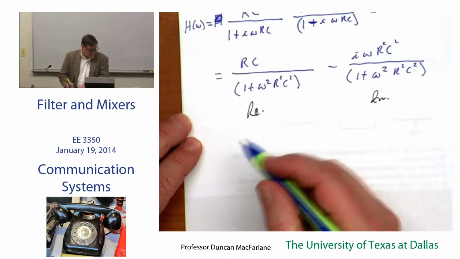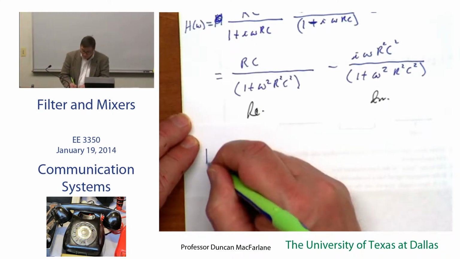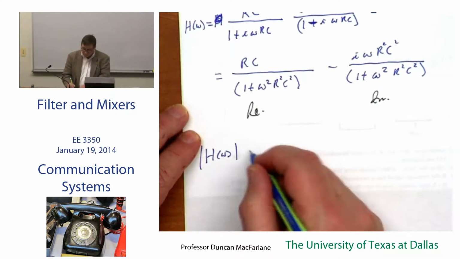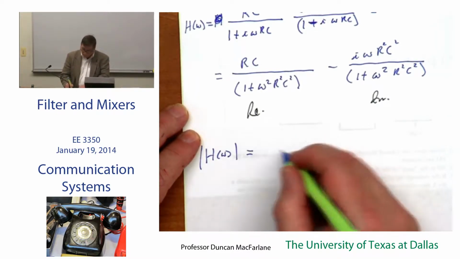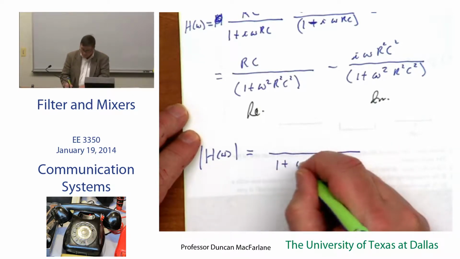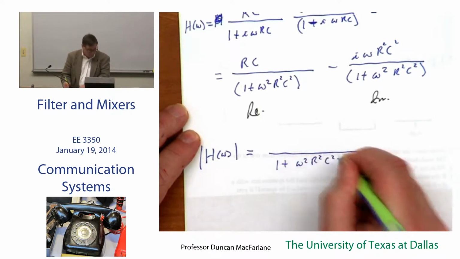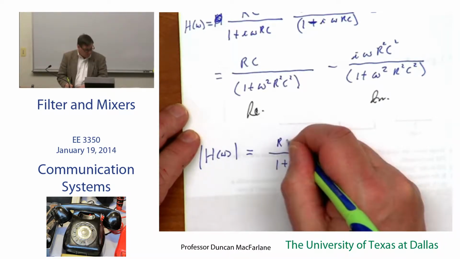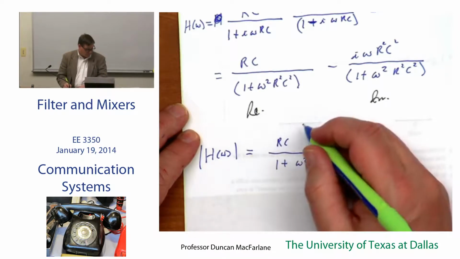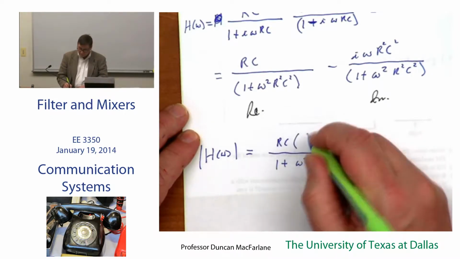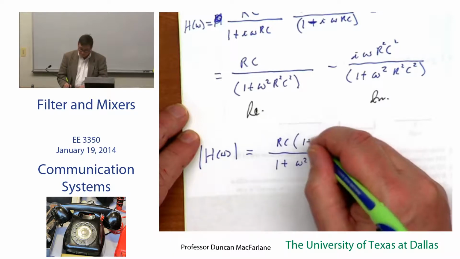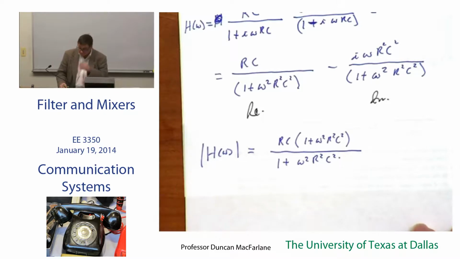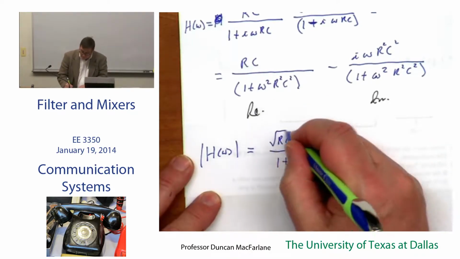So, H of omega is equal to the numerator is the RC over the denominator, and I think that should be square rooted.